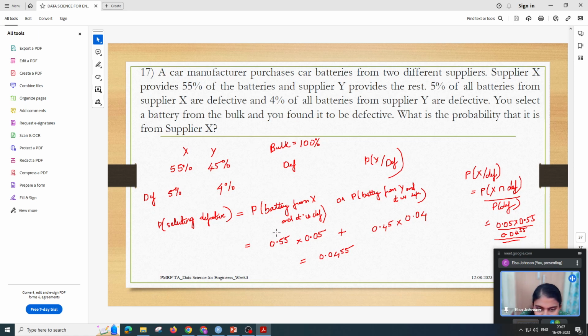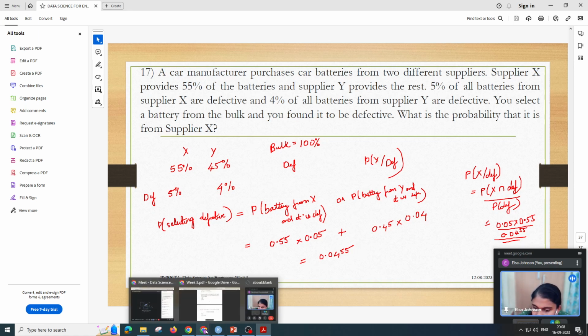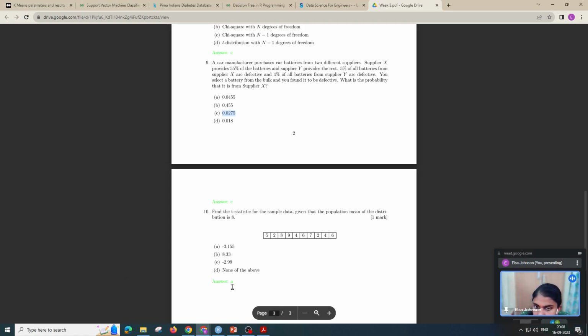Okay, Natarajan, what value are you getting? This was present in the previous course also, so it might be wrong actually. Anyway, I'll clarify it and I'll put this question also. Natarajan, are you getting the answer as 0.0455? 0.0275.